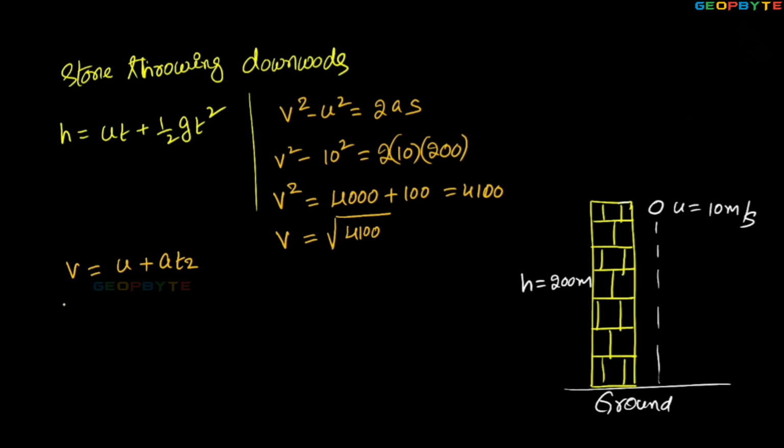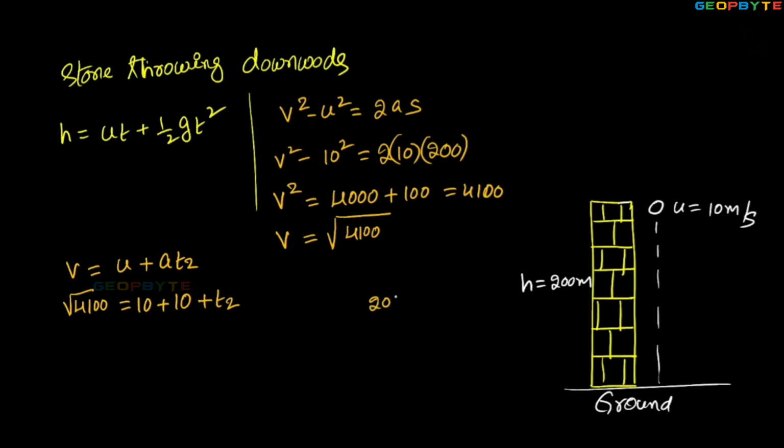So v equal to root over 4100 equal to u value, 10, plus g, 10, t2. So this 4100 I can write as 400 into 41.